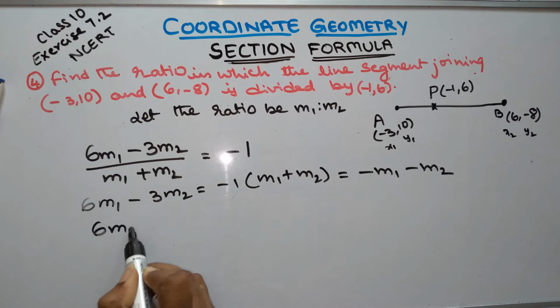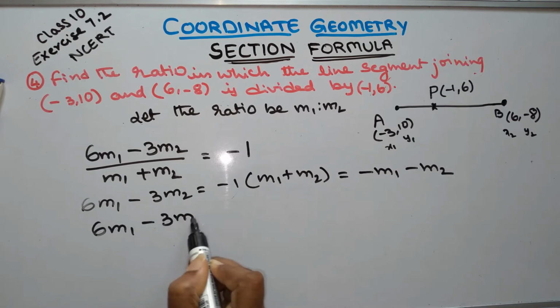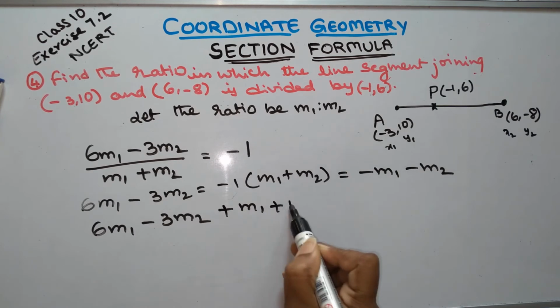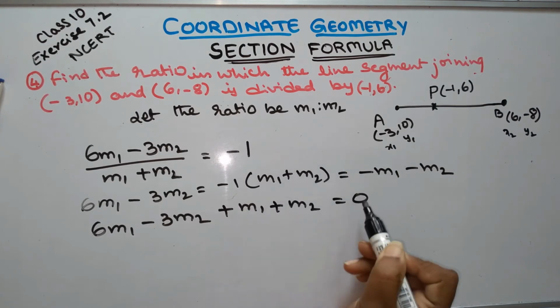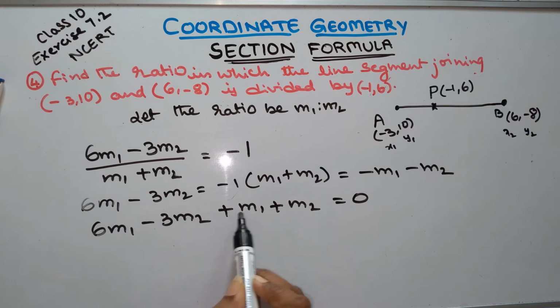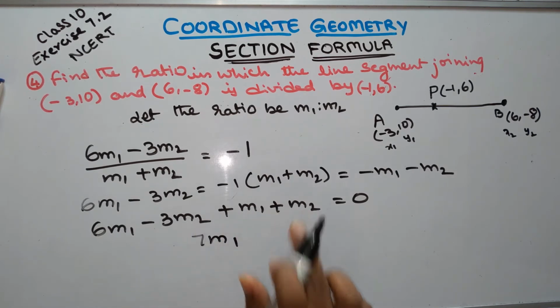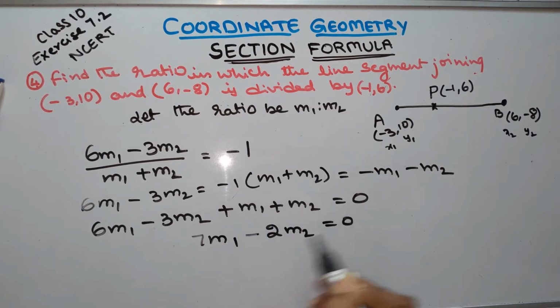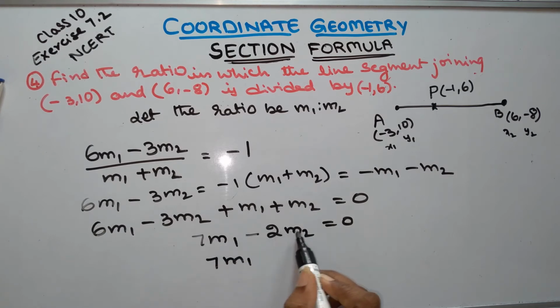We get 6 M1 minus 3 M2 plus M1 plus M2 is equal to 0. 6 M1 plus M1 is 7 M1, minus 3 M2 plus M2 is -2 M2, equal to 0. So 7 M1, take this 2 M2 to that side, then 0 plus 2 M2 becomes 2 M2.